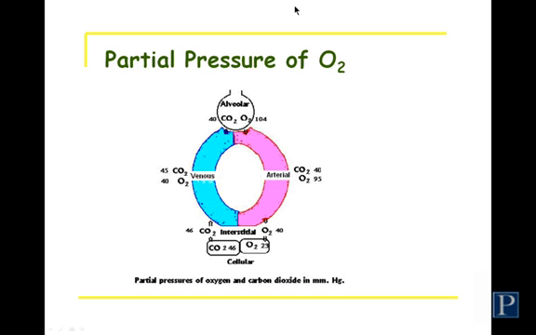It's what you have in venous blood. So the initial gradient, what they call the AVO2 difference, the difference between arterial and venous blood, is 64 millimeters of mercury.